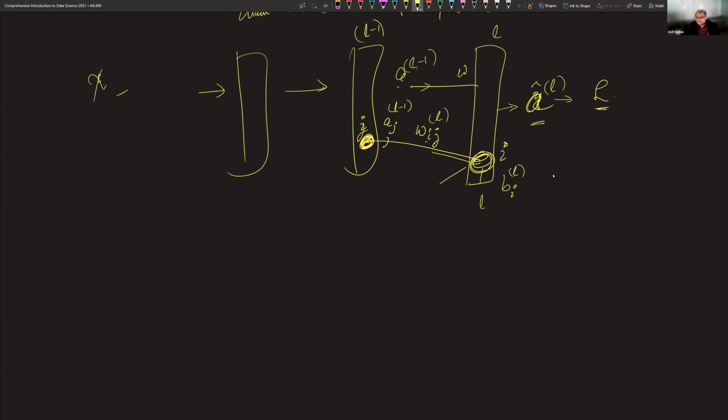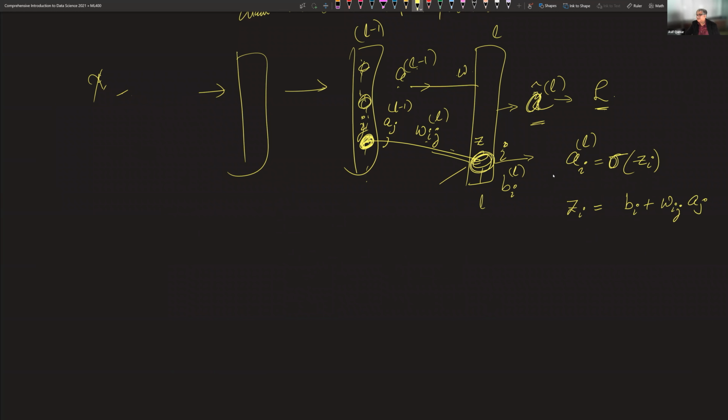So now you realize that this is producing its activation. Activation of the ith node in the layer L is equal to the activation function of Zi, it need not be sigmoid, which is equal to a bias Bi plus Wij Aj, summed over all possible values of J, like different nodes that are feeding into it, right?